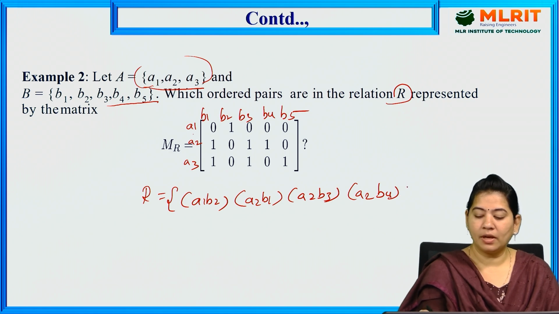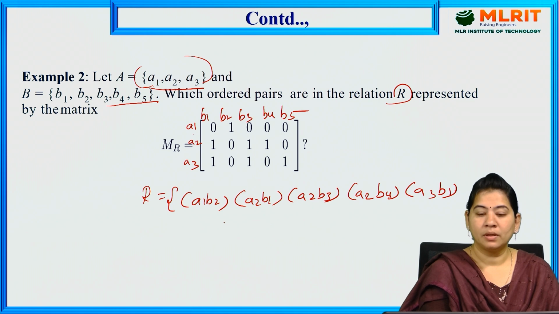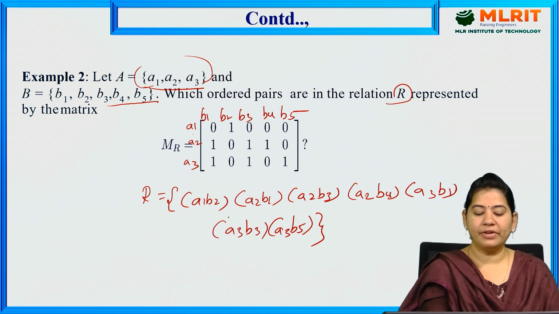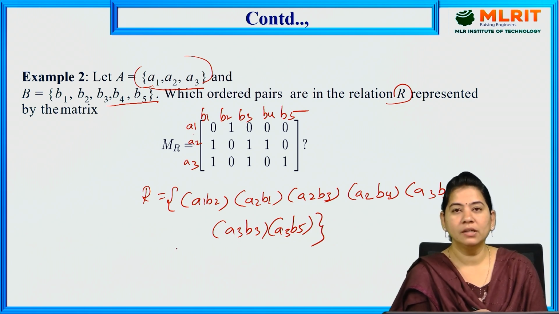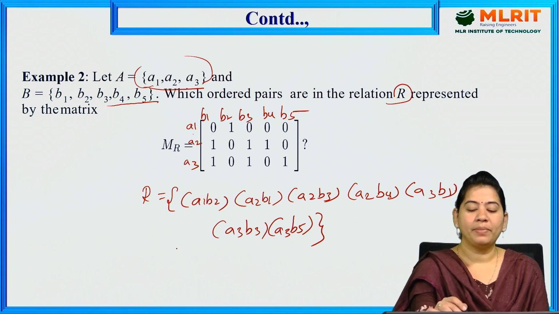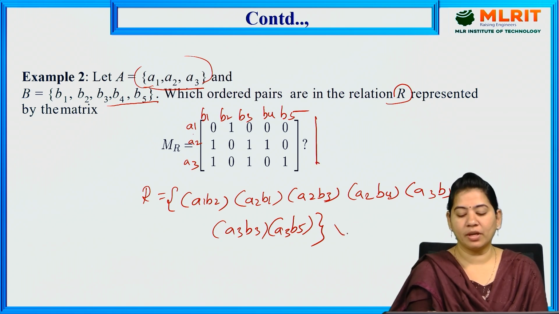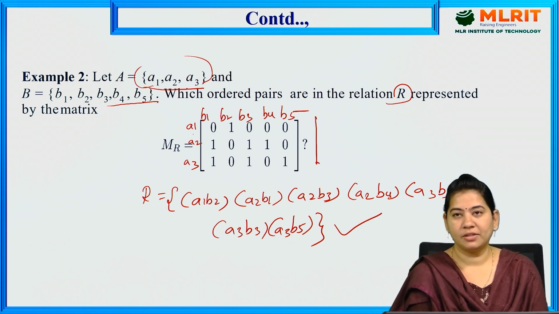Next, we also have A3, B1, A3, B3 and A3, B5. So only for these mentioned ordered pairs, we have the one. That's why they will be included in the relation. So like this, based on the matrix representation, you can also find out the relations.